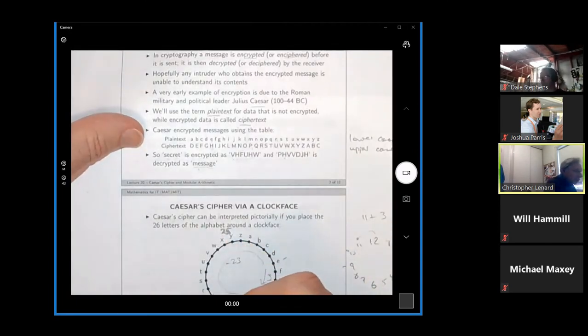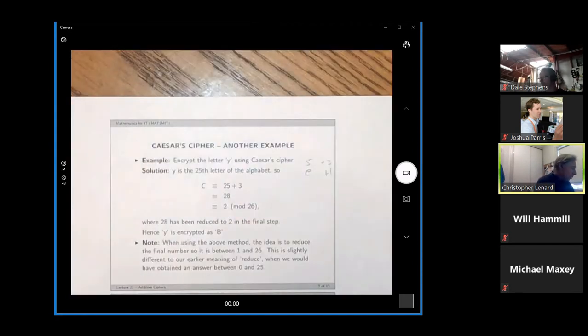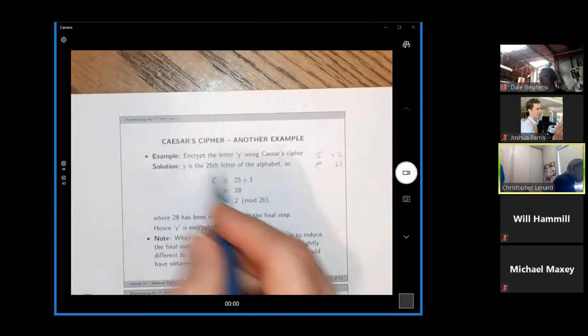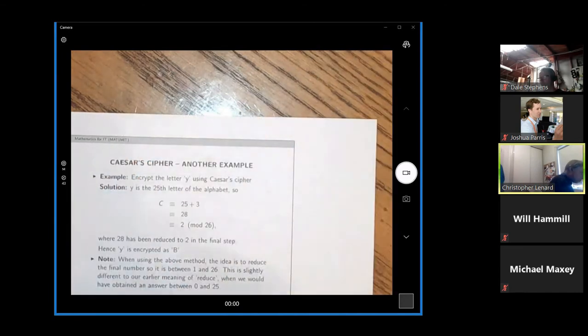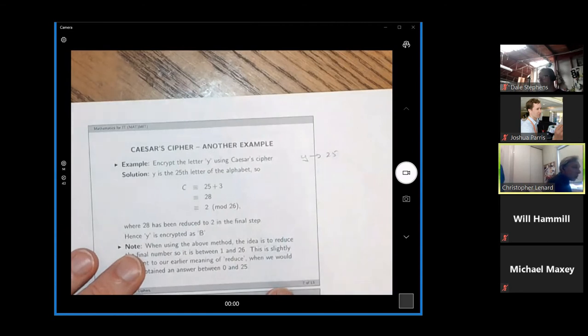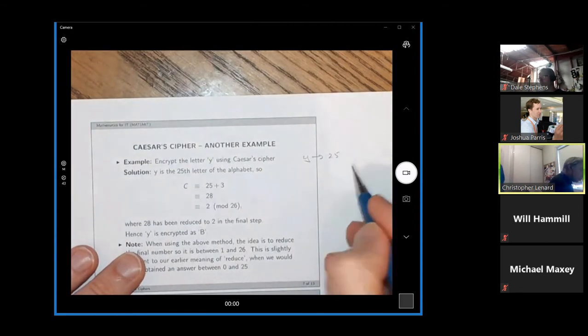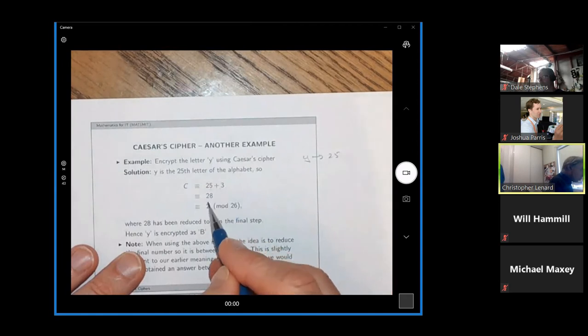Z, of course, is the 26th letter. So Y is the 25th letter of the alphabet. So basically you say to yourself, Y is 25. We take 25 plus 3, which is 28.